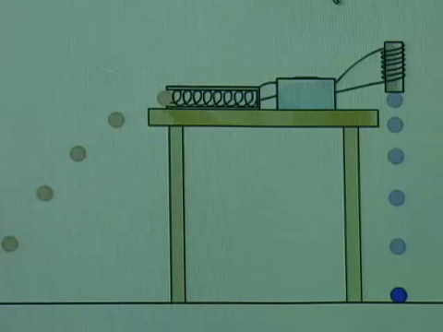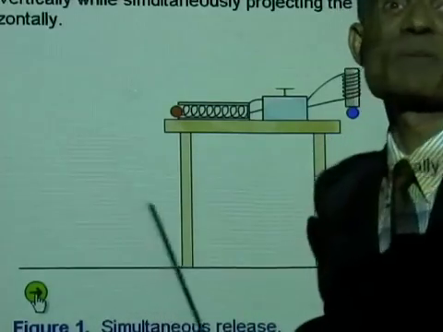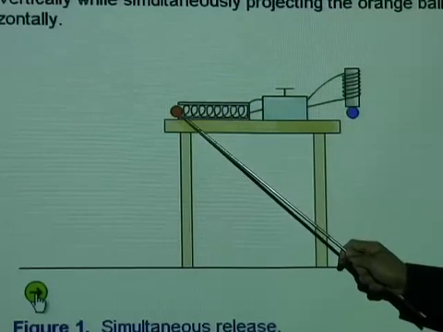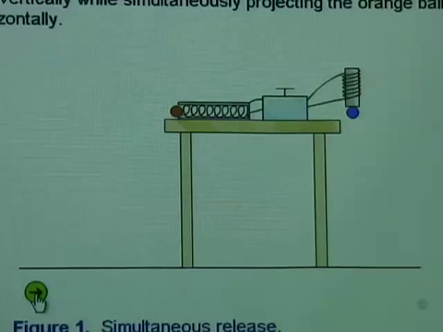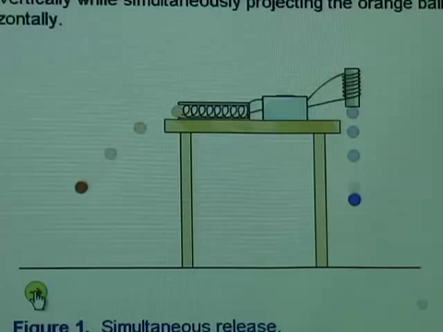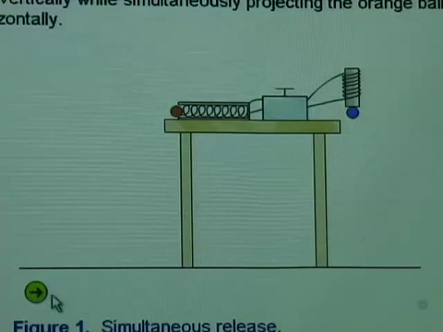Well, do you see them moving and falling at the same rate? Let's look at it one more time. I'm going to drop the blue ball and project the red ball horizontally at the same time and see how they fall to the ground. You can see they both fall at the same time.